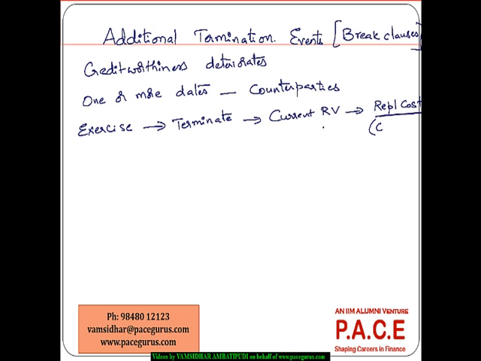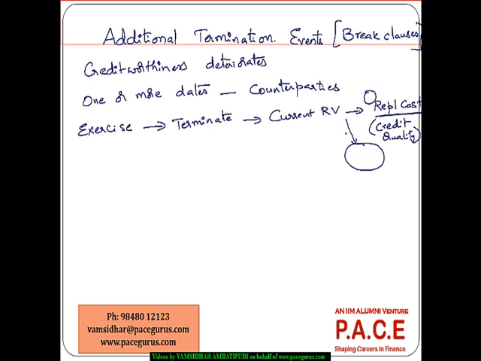Replacement is when I do the same transaction with some other counterparty, at what price I will enter into it with that particular counterparty. Did I take into consideration the credit quality of the new counterparty with whom the same transaction is going to be executed if the current counterparty is defaulting?